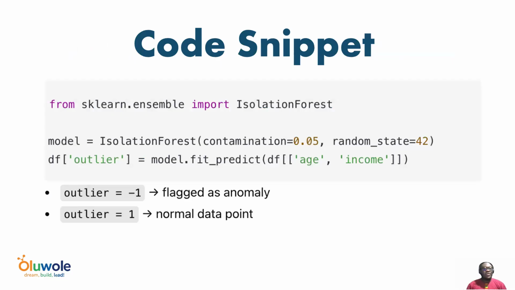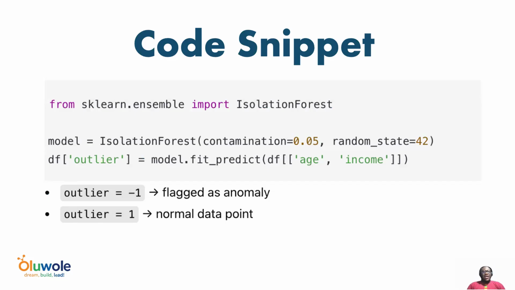All right, so look at it. This is the code for your isolation forest. You can call IsolationForest from your scikit-learn ensemble module. So this is the model, IsolationForest, with contamination between 0 and 0.5. We want to define outliers, to check outliers between age and income.